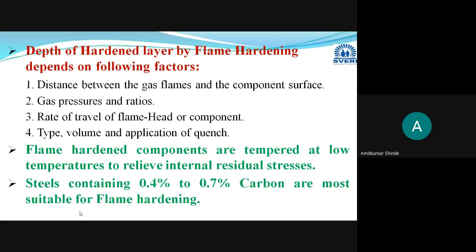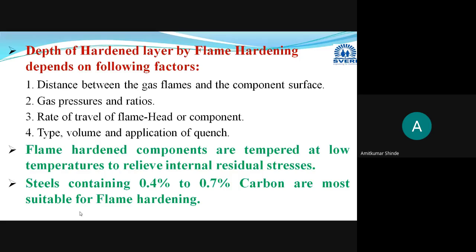In both flame hardening and induction hardening, you have to perform low temperature tempering to eliminate the internal residual stresses. For flame hardening, the most suitable steels contain 0.4 to 0.7% carbon. In case of induction hardening, the most suitable steels contain 0.4 to 0.5% carbon.